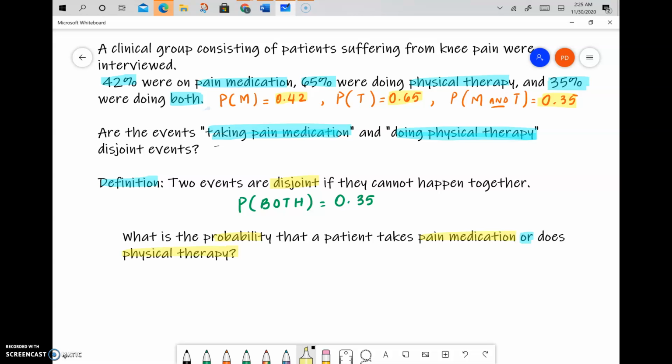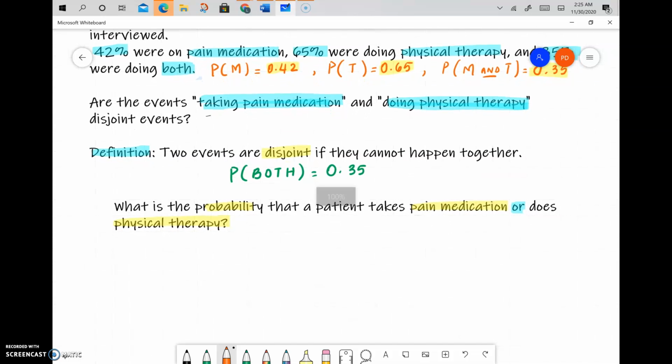What that means is they could be taking only pain medication, they could be doing only physical therapy, or they could be doing both. That's the interpretation of the word "or." So here what we do is we use the addition rule, because the word "or" is associated with the addition rule.